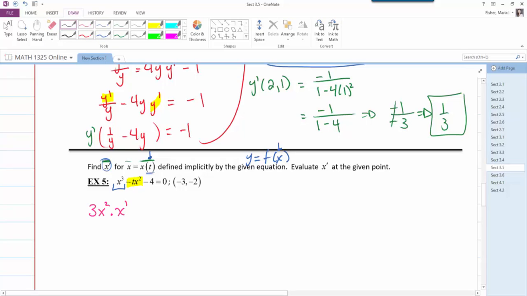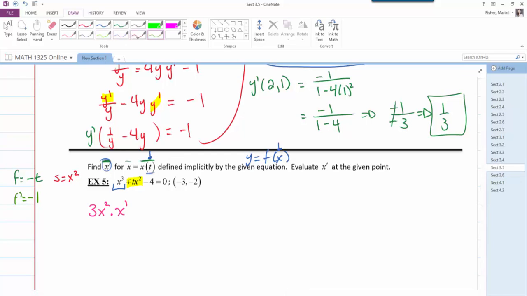So when I have products, I make this a plus and negative. So I'm going to say that my first term is going to be negative t, and my second term is x squared. So the derivative of my first term, f prime, is going to be negative 1.